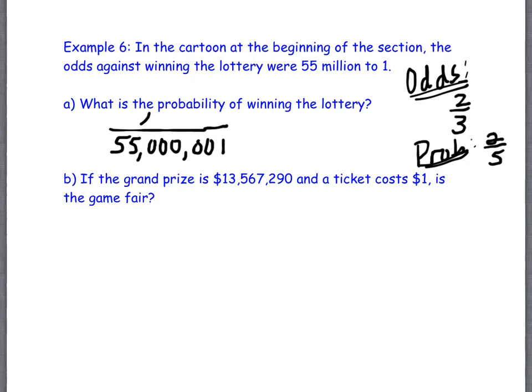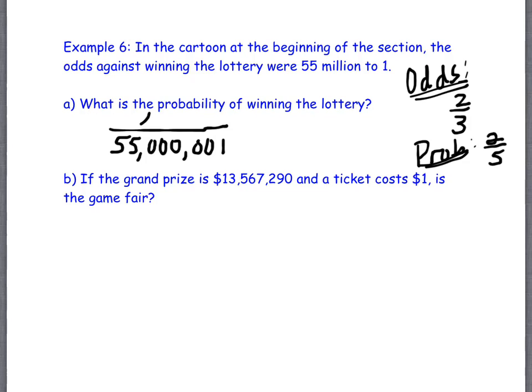Remember, odds are taking how many chances you win versus how many chances you lose. So if they're telling you the odds against are 55 million to 1, that means one person wins and 55 million people lose, which means the total number of people who played the game was 55 million and 1. You guys with that? Okay, so we actually have 55 million and 1 on the bottom.